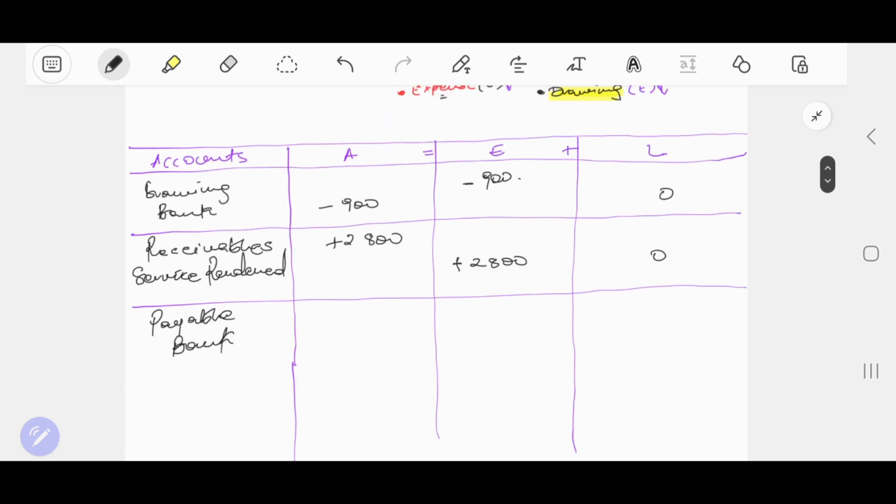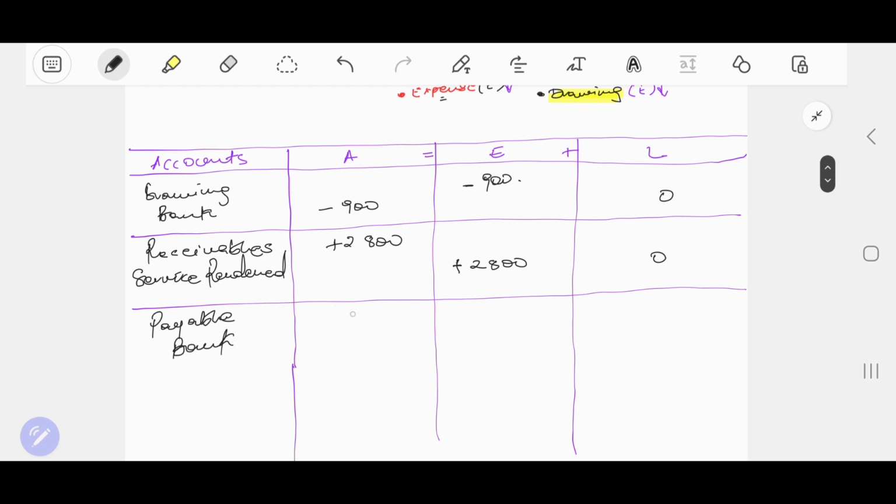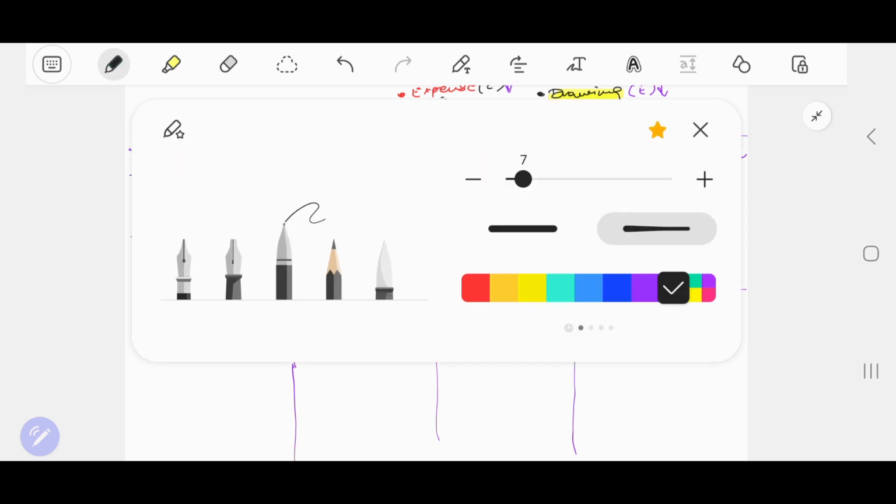So it's going to be 470. So it's going to be a liability minus 470. Remember we said that liabilities decrease on the debit side. So it's going to be minus 470. When you are paying a liability, you are reducing the liability. And then bank is going to go down as well. So it's going to be minus 470. Then here, nothing affects equity.